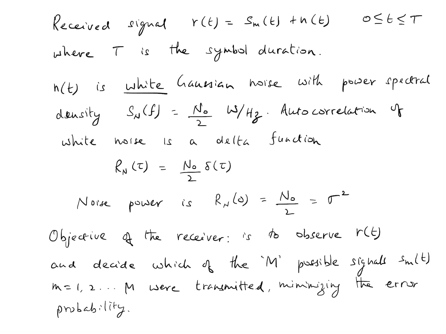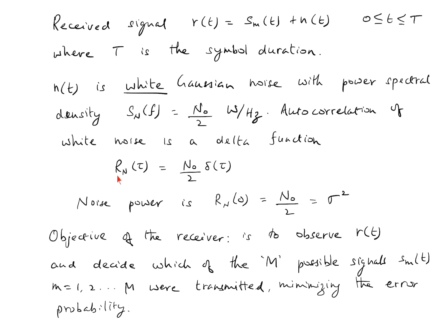So the power spectral density is given by the same value N0 by 2 for all frequencies. And it has a Gaussian distribution with a mean value equal to 0 and some standard deviation and hence some variance.